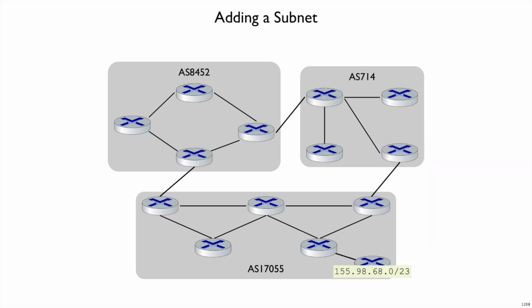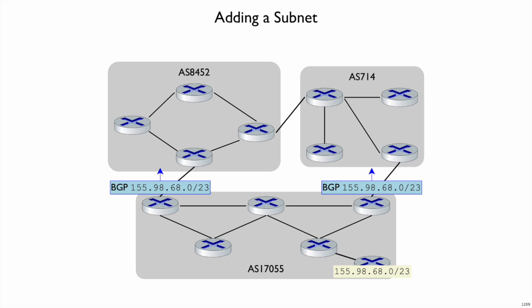To see how BGP works, imagine that in autonomous system 17055, a new subnet appears, 155.98.68. The configuration for this subnet then is published by that autonomous system using BGP to the other autonomous systems that it's connected to.